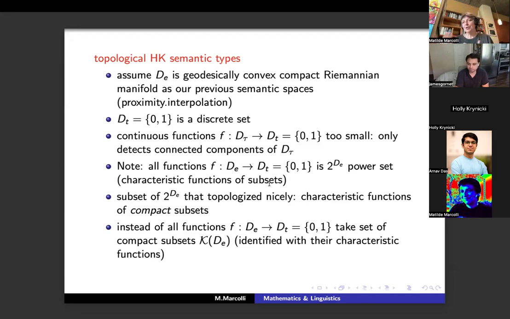But continuous functions with values in {0, 1} are just constant on connected components, necessarily. So if you start with a compact metric space that happens to already be connected, then you just get constant functions. Either everything is 0 or everything is 1. So there's nothing interesting anymore in this first step of this inductive construction of types.